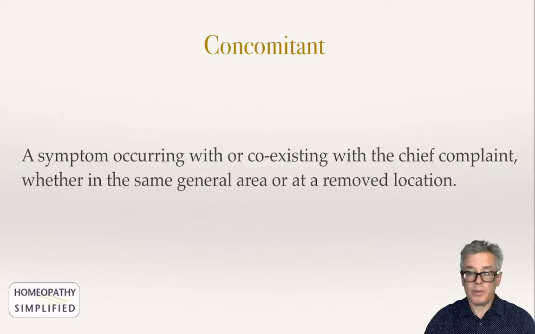So for example, you have a throbbing headache and also diarrhea, or you have a right molar tooth pain with blurred vision. These are concomitant symptoms. And these can be very common. Diarrhea with a flu and all the accompanying symptoms of a flu is super common. So we don't just give the remedy for flu. We want a flu with diarrhea and even the type of diarrhea.